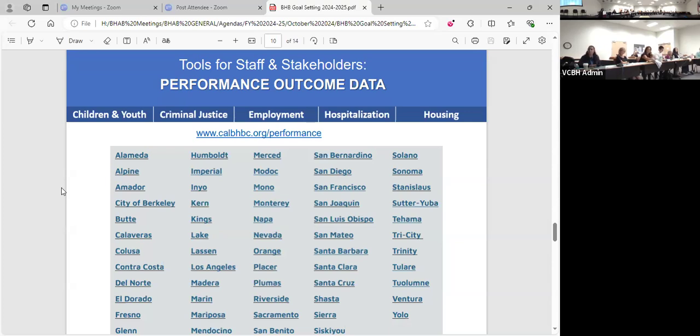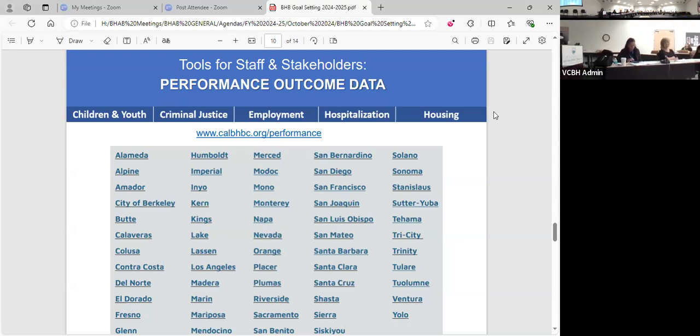Hospitalization usually shows psychiatric hospitalization or rehospitalization. Some of the counties are reporting on visits to the emergency rooms. That's an area where sometimes we'll show also the crisis services visits. And then housing, there's information on reducing homelessness.